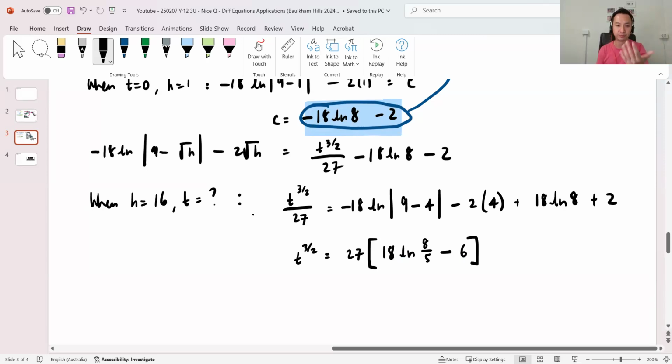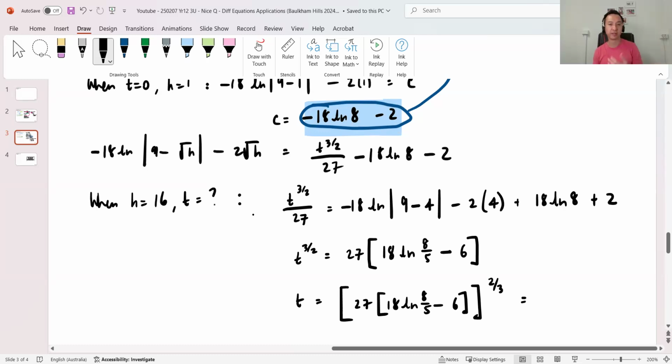Right, and then I'll basically bring that over. 18 ln 8 on 5 minus 6, to the power 2 on 3. So punch it out in the calculator. Yeah, that's your answer. So I think you get maybe, I don't know, 1 dp, 16.4 years, right? Yeah.